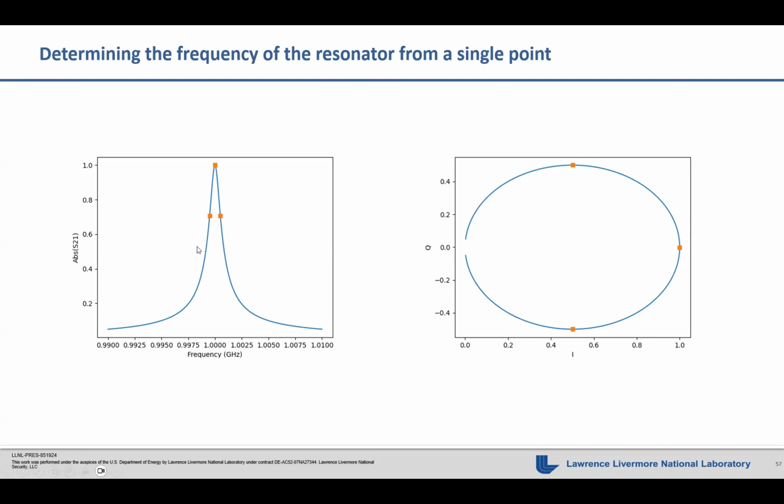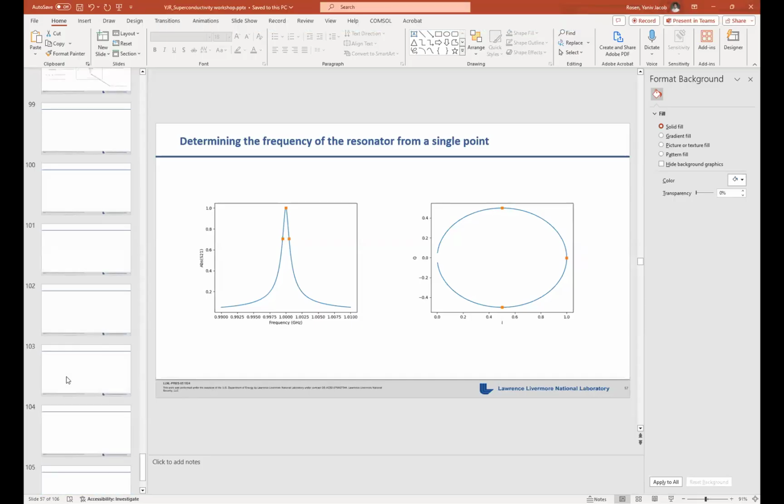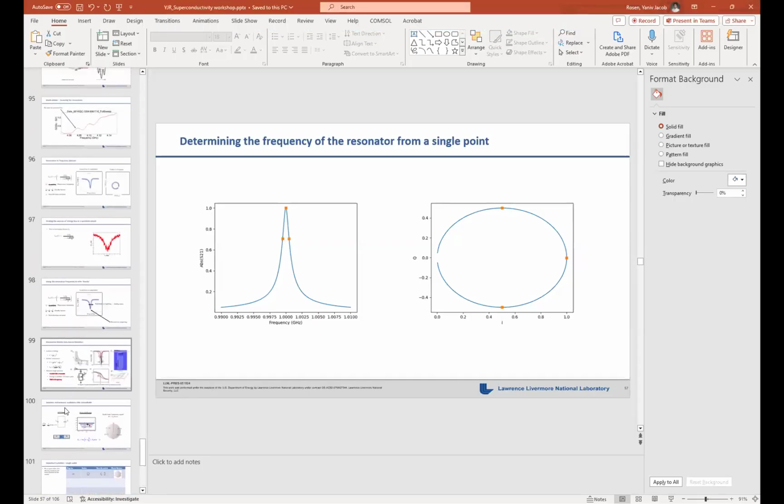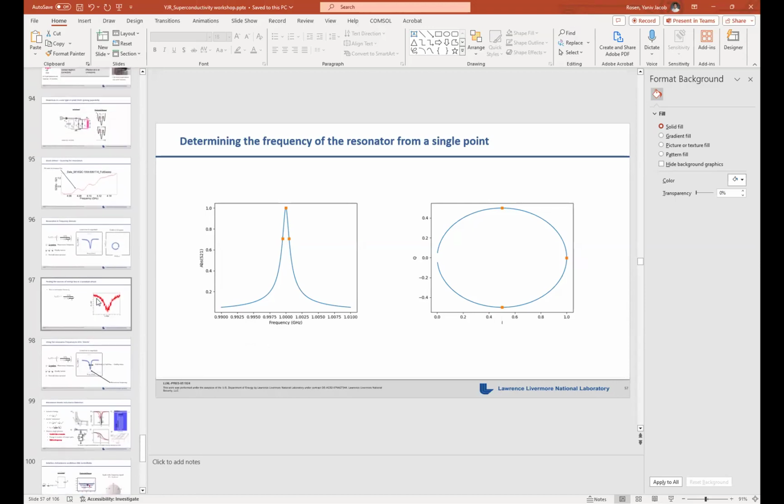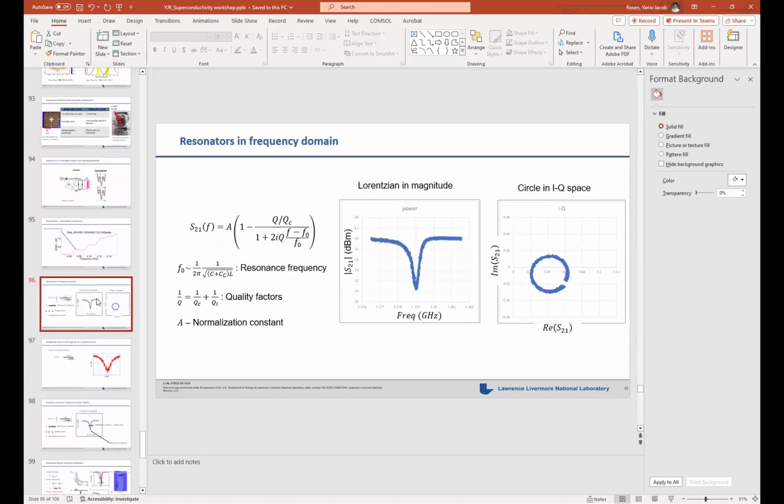If you are off resonance, then you'll see a change in the phase of the wave that you get back. Does that make sense? I'm just trying to relate those measurement plots with the plot in your previous slide.